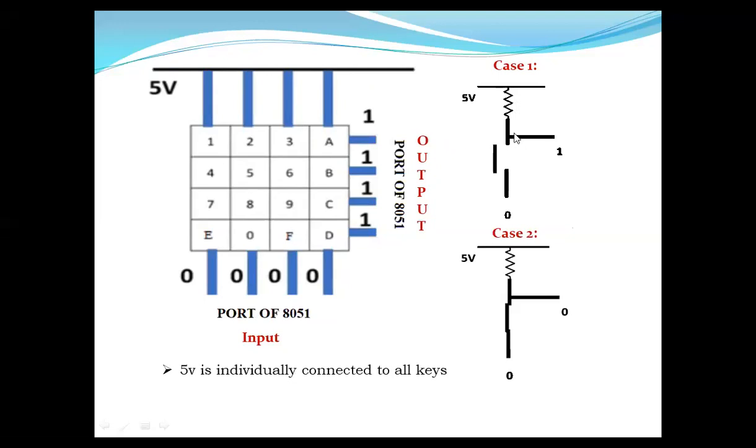See how it will be connected: here this one will be connected like this. So before I'm pressing, this is case 1, what I'm saying. If I'm not pressing the key, this is my connection. So each will be just like a switch. Okay, so this 5-volt is connected like this, and I'm keeping this output to be 1. Here I'm giving 0, this 0 I'm keeping here.